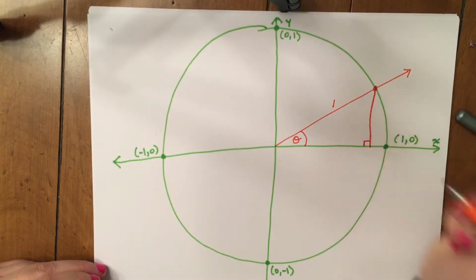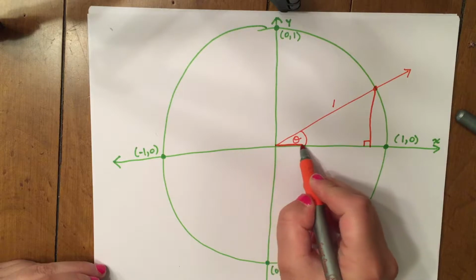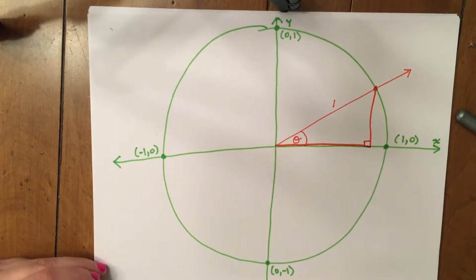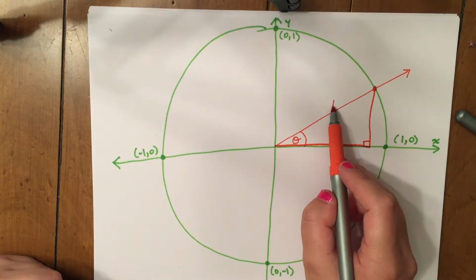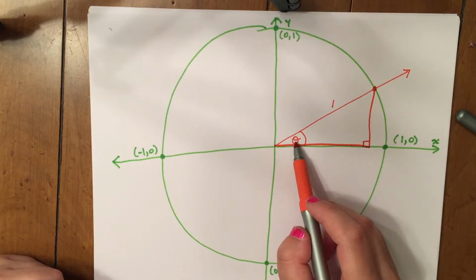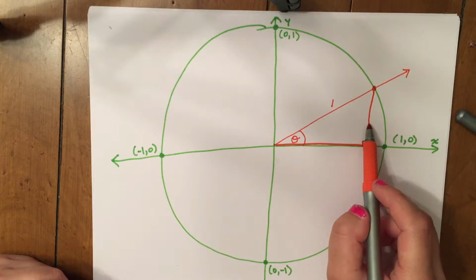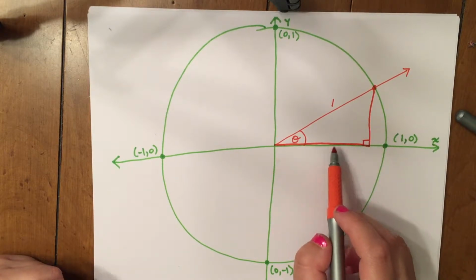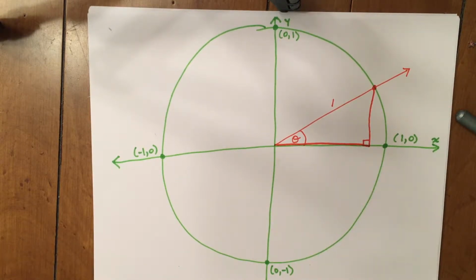We create a right angle here, and now we have a triangle. We know that the hypotenuse of this triangle equals 1. And so if we know this angle, we can now find the vertical leg and the horizontal leg. And that's the basis of what we're going to do with the unit circle.